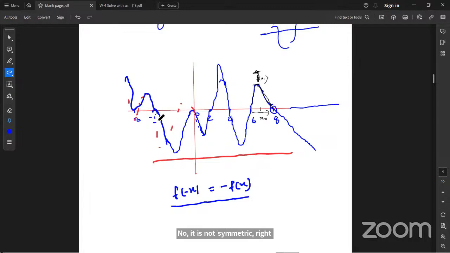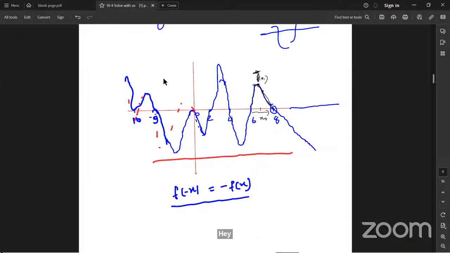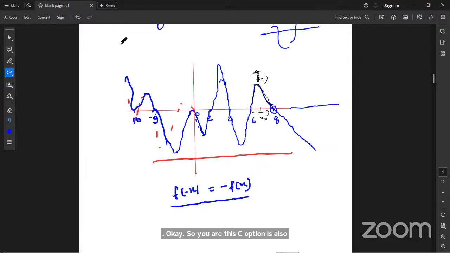Because it is not symmetric to the origin, it is not an odd function, right? So your this C option is also incorrect, right?